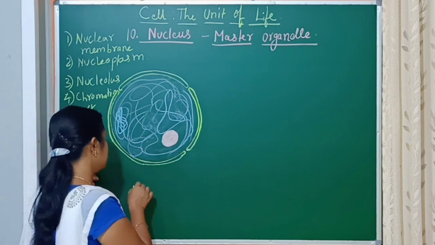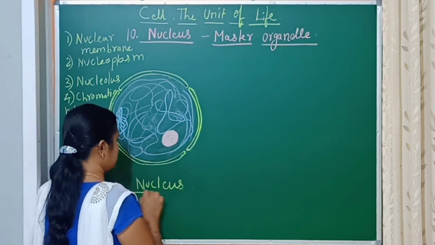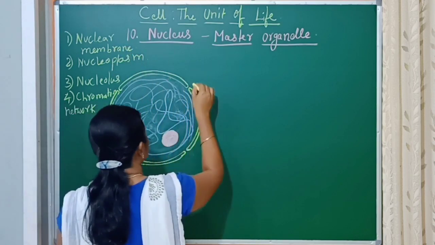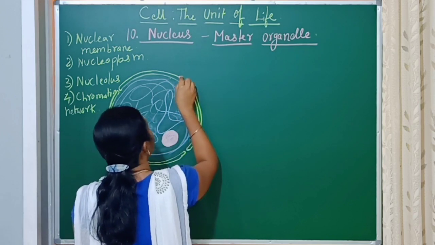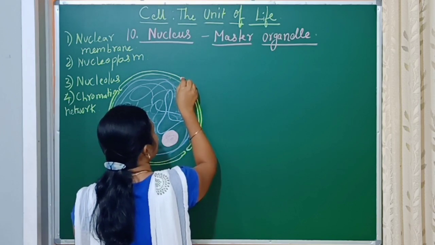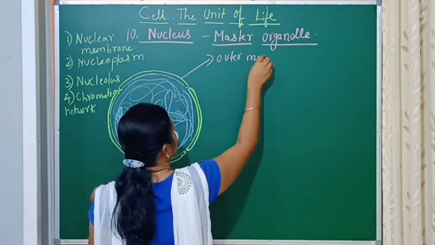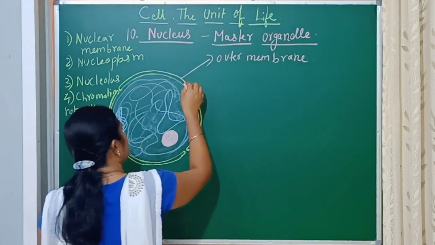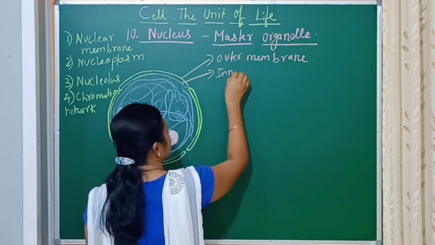So this is the nucleus structure. Here you can see the nuclear membrane, the outermost layer, which is made of 2 membranes: the outside one is called the outer membrane and the inside one is called the inner membrane.